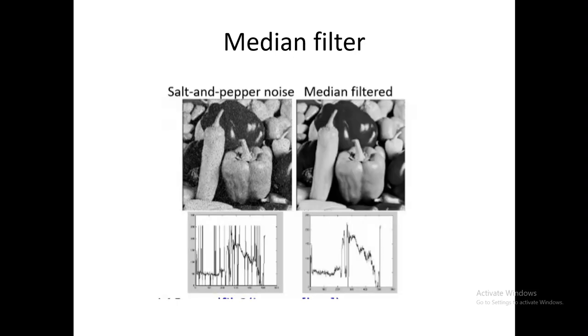If we look at the result on salt and pepper noise in an image and filter it with the median filter, we get a better result. We can say the salt and pepper are outliers in the image among the other pixel intensities.